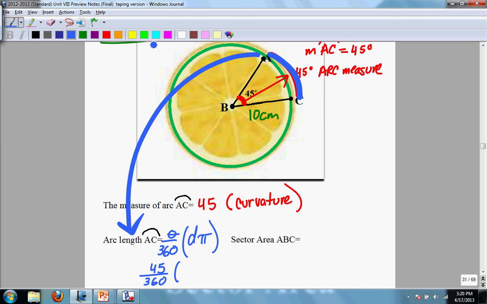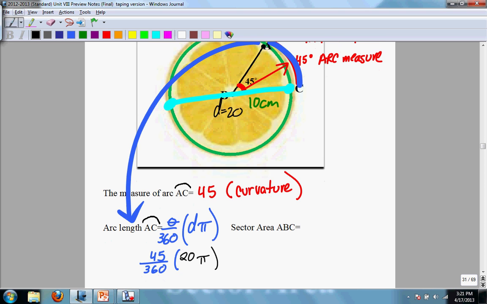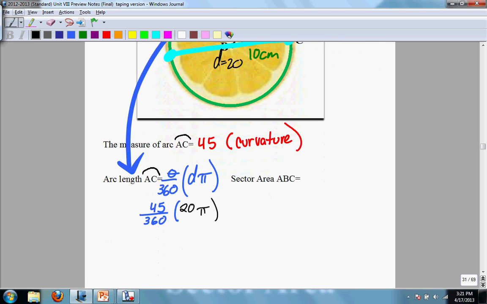It's not 10. Physically pick up that diameter, physically trace it over. You should see that the diameter here is 20. So I have 20 times pi. Now, if you can cancel anything, it's easier when you're working on a calculator, so we can cancel the zeros.